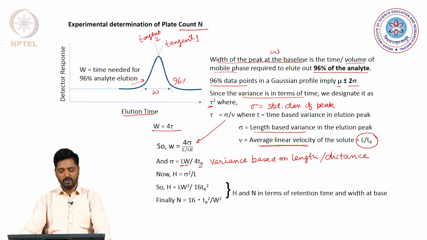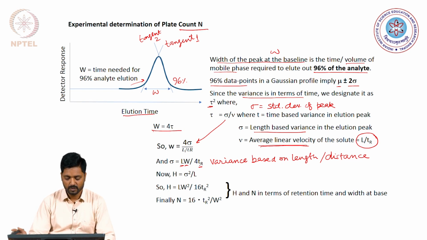So, we can figure out the variance based on the length from these inputs, and finally, we can calculate the h value, which is the height equivalent of a theoretical plate or the plate height, as the variance in terms of length divided by the length of the column.